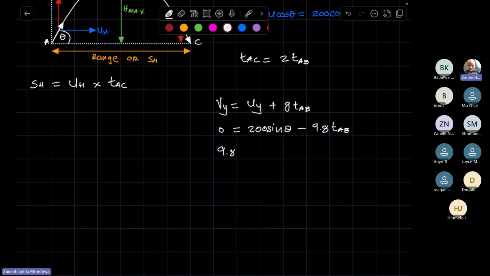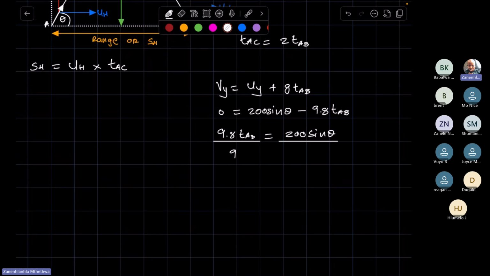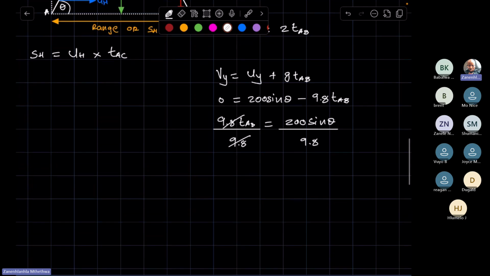So positive 9.8 TAB is equal to 200 sine theta. Then you express TAB in terms of the velocity, so you divide both sides by 9.8, leaving TAB as the subject of the formula. And then what is 200 divided by 9.8?